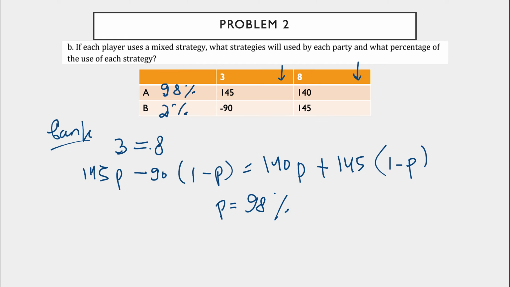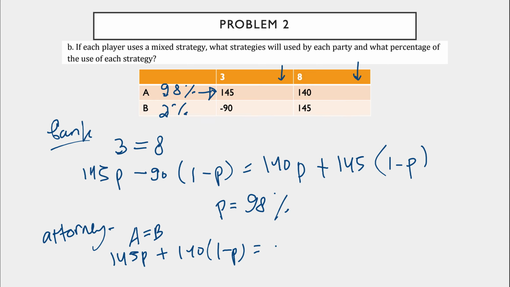That's from the bank. If we look from the attorney's side, it's the same. We assume that the bank will use strategy A and strategy B, so A equals B. The equation would be 145P plus 140 times 1 minus P equals minus 90P plus 145 times 1 minus P. If you calculate this, we also get a probability of 98%.